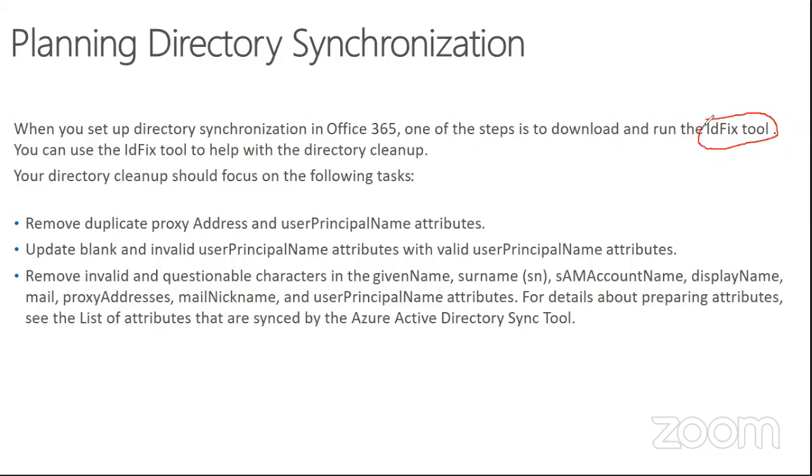So you need to ensure that there's a consistency in terms of how those user accounts remain in on-prem and cloud. What this tool does is clean your environment by removing duplicate proxy addresses and UPNs, and updates other missing information with the valid attributes. So this is one key area that you need to focus on when you're talking about directory synchronization.